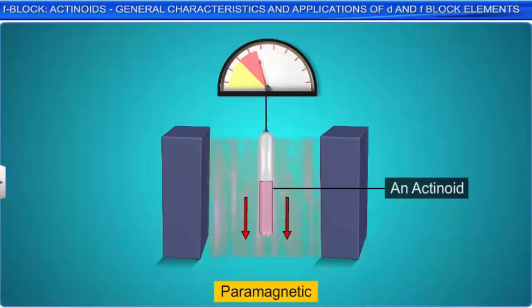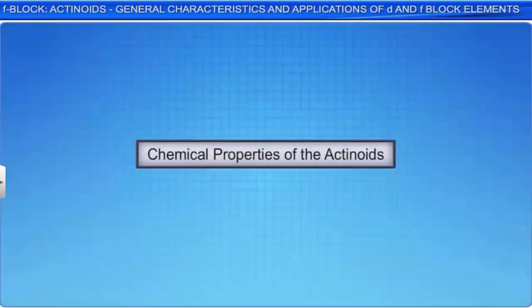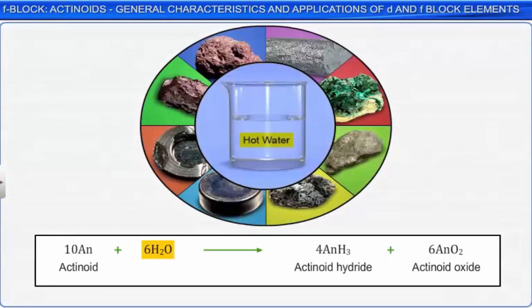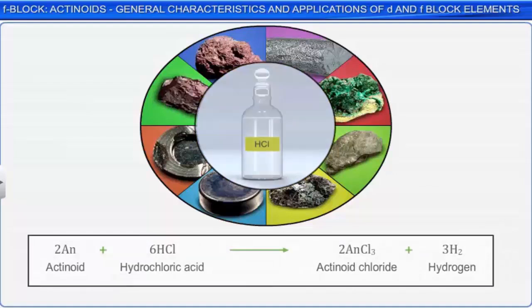The important chemical properties of the actinoids include: they react with hot water to give a mixture of an oxide and a hydride. They react readily with HCl, but their reaction with other acids is slower than expected.